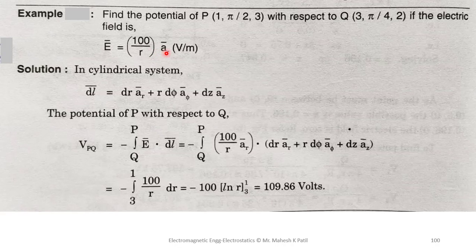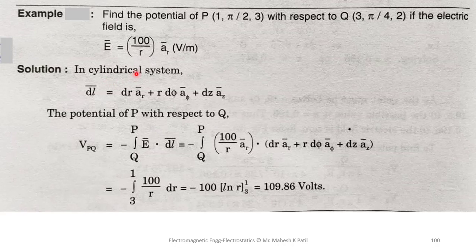Now if you observe the coordinates given here, it is (1, pi by 2, 3) and (3, pi by 4, 2), meaning R, phi, z, so it is the cylindrical coordinate system. So we are going to use the equations mentioned as far as cylindrical coordinate systems are concerned.